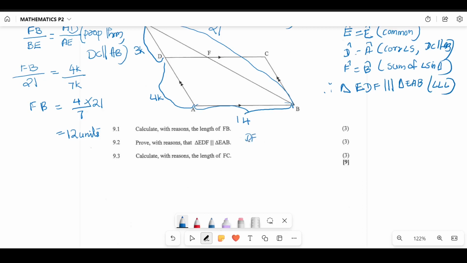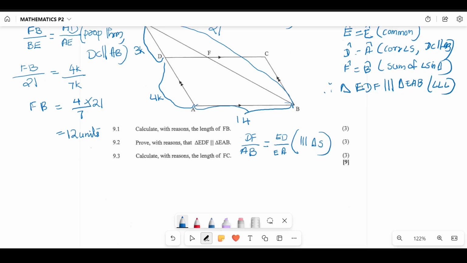DF over AB, DF corresponds to AB, equal to ED over EA, because similar triangles.